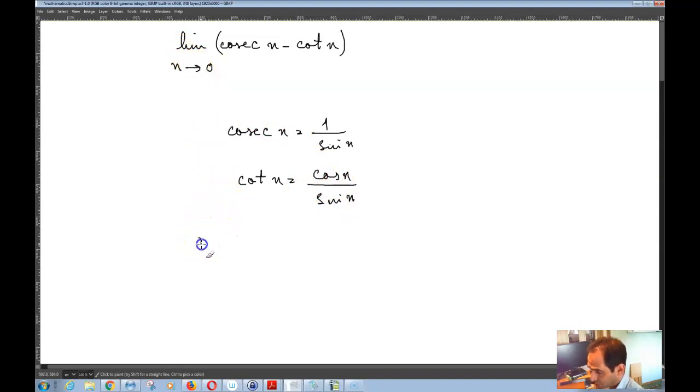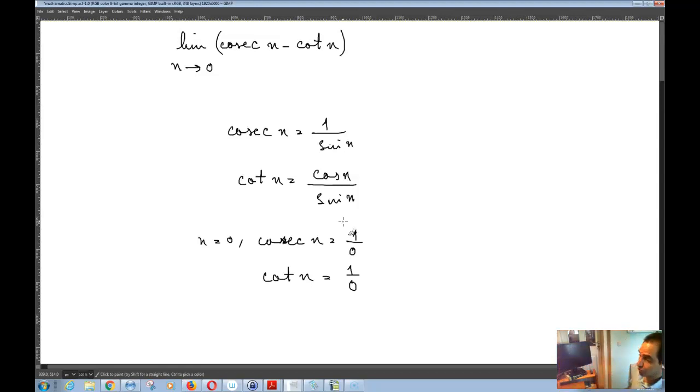If x is equal to 0, then cosecant x is 1 divided by 0, and cot x is 1 divided by 0. So that's 1 divided by 0 minus 1 divided by 0. I'm not sure if I'm right, but it seems that the limit is actually 0.